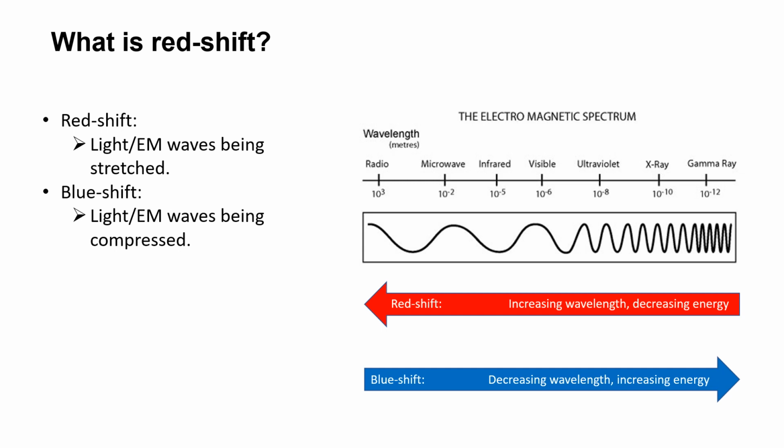Then as it moved past, we would expect the light to become stretched as the source of the light is moving away. And in this case, it would begin to appear more red. So if you're ever struggling to remember this, it's often useful, for me anyway, to think about the Doppler effect, as it draws a really nice analogy between this stretching of waves and comparing it between light and sound.